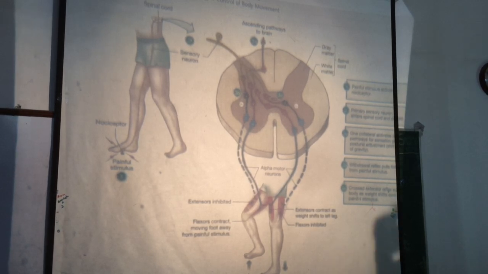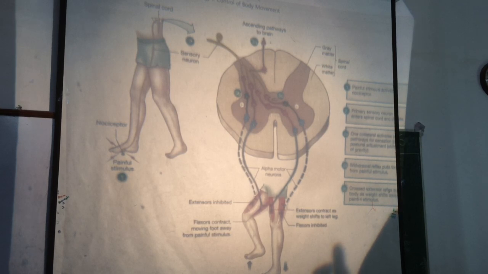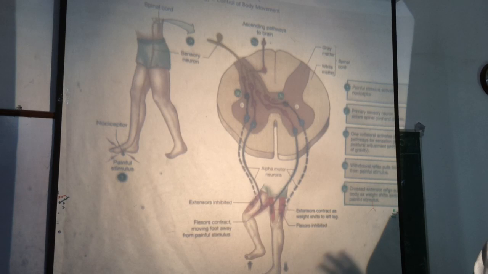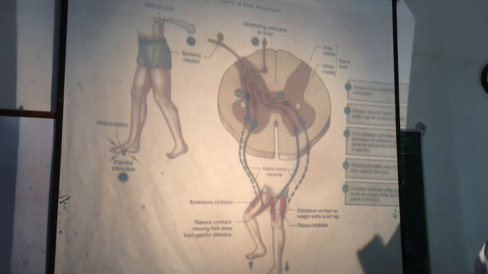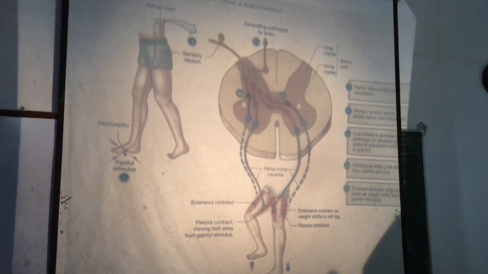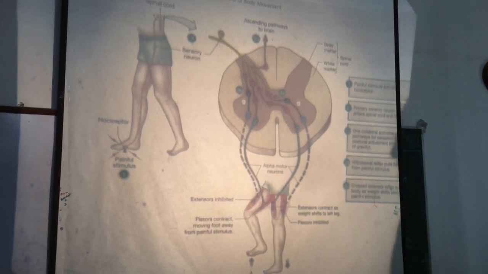And this is called reciprocal inhibition. So I repeat, for a smooth reflex action, when agonists contract, antagonists must relax. And this is through reciprocal inhibition that occurs through reciprocal innervation.